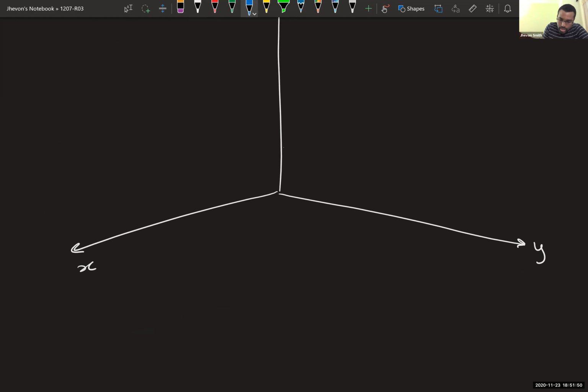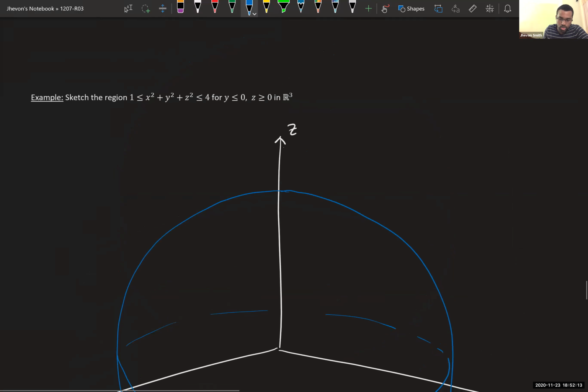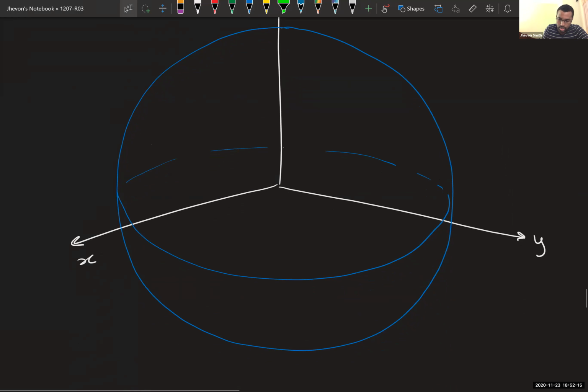Okay, all right, so we're getting somewhere. So let's say there's one sphere, and there's actually another sphere inside of that one. So the outer sphere has radius 2, and there's an inner sphere with radius 1.